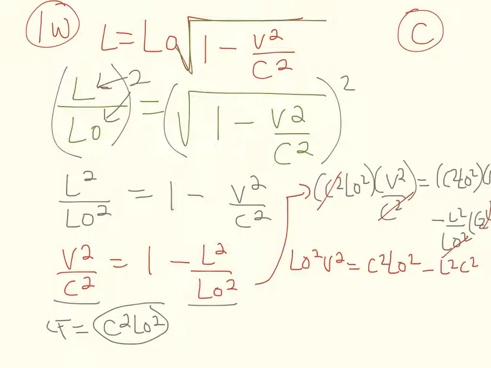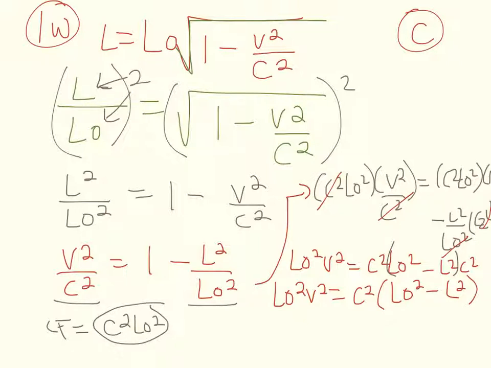But I do need to factor out that C squared. So what we end up getting is L naught squared V squared is equal to C squared, and then in brackets L naught squared minus L squared. Essentially all I have done is pulled out that C squared from both the C squared L naught squared minus the L squared C squared, and then what's left is I've just put brackets around it.